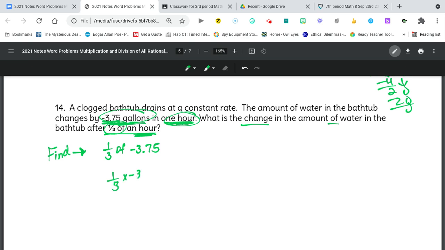1/3 times negative 3.75. And I'm going to multiply the top. That gives me negative 3.75 divided by 3. I'm going to do top in and bottom out. Bring your decimal up. 3 goes into 3 once. Bring down the 7. 3 goes into 7 2 times.